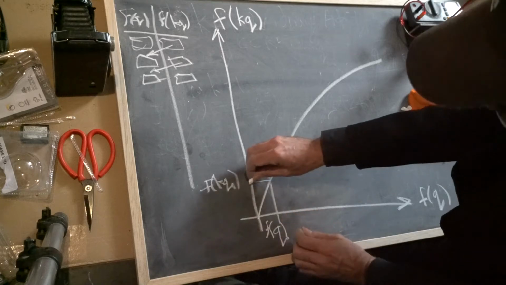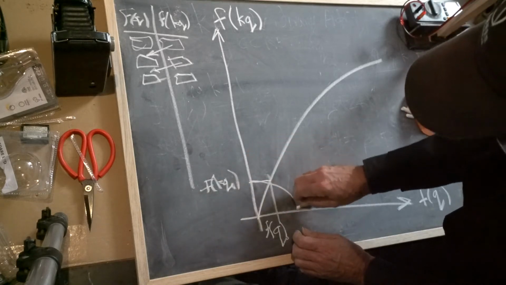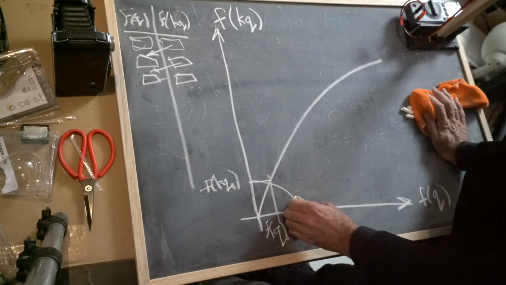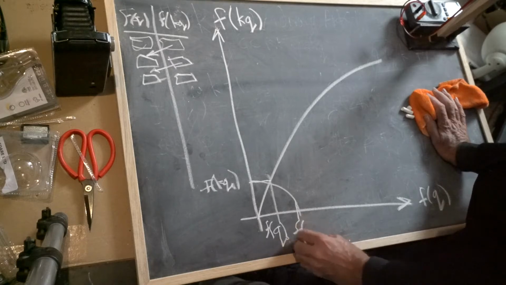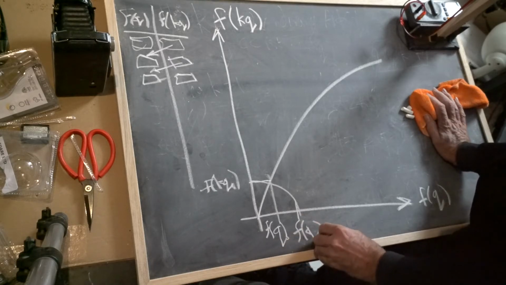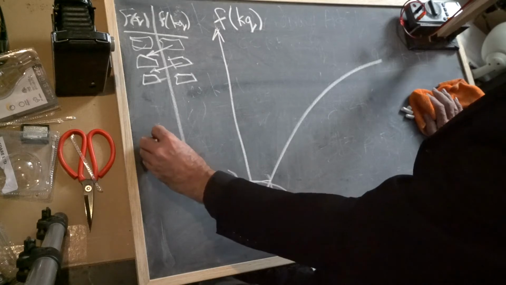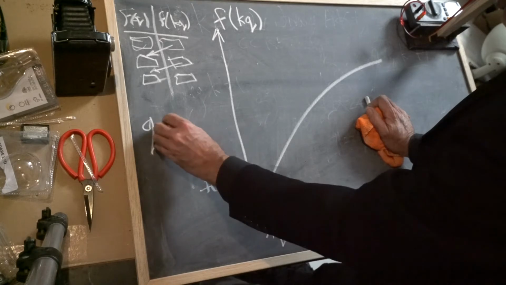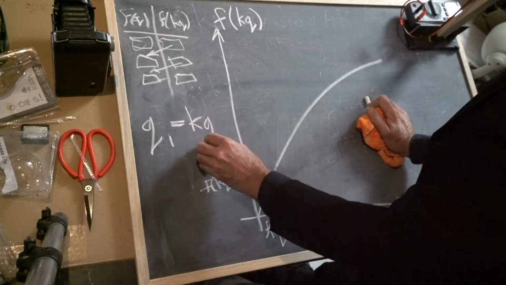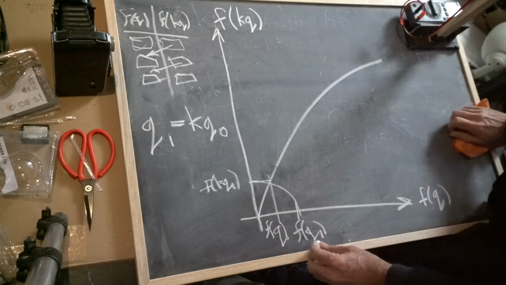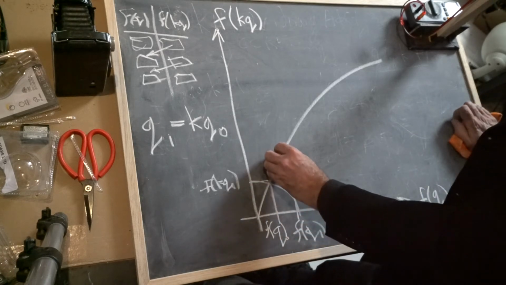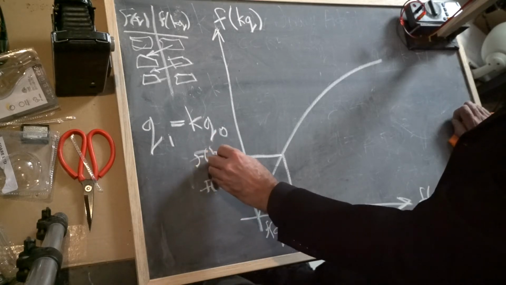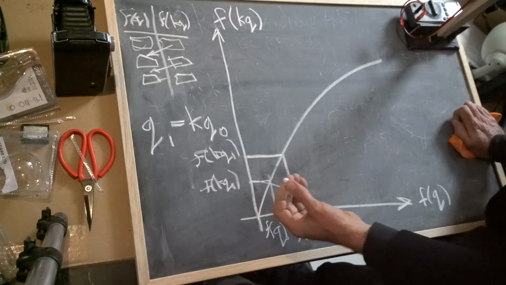If I just draw an arc over here and take whatever this distance is and put it over here, now this is f of q1, which is f of kq0, so q1 equals k times q0. Then we go up to the curve and come across, and this is f of kq1, which we'll call q2.